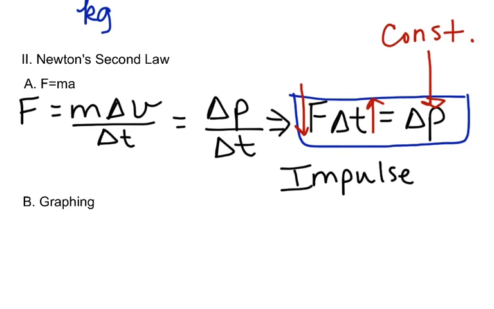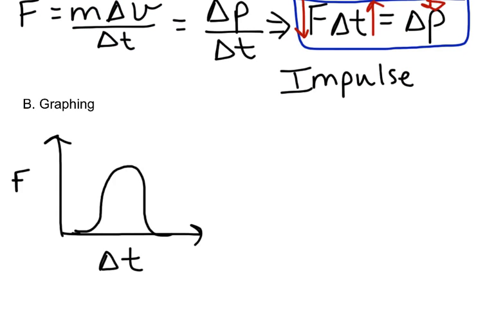So how can we solve for impulse when we're looking at a graph? If we had a graph of force versus the time of impact, and we showed on the graph here that we have a varying force, so the force is not constant, we could find the total impulse of a particular collision by just determining the area of the function.